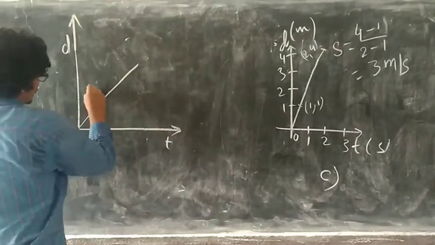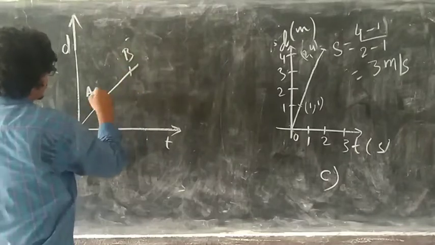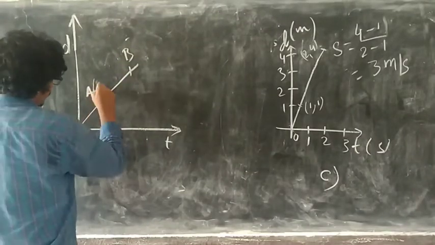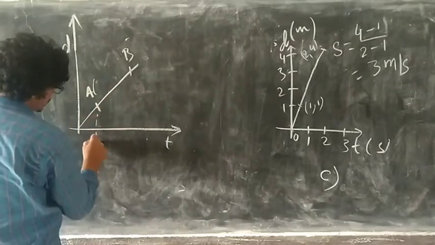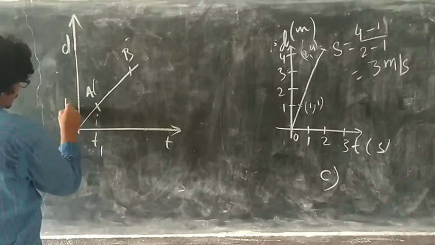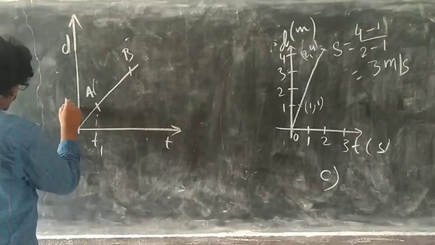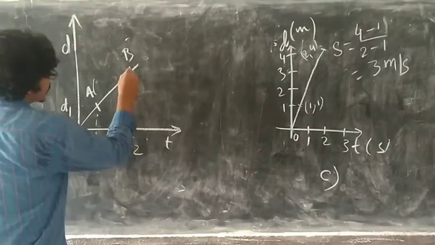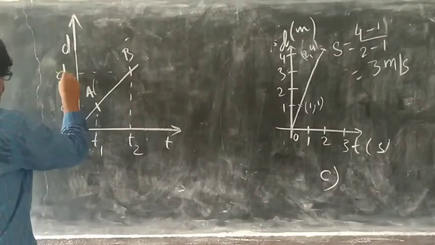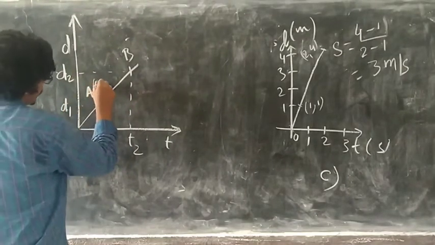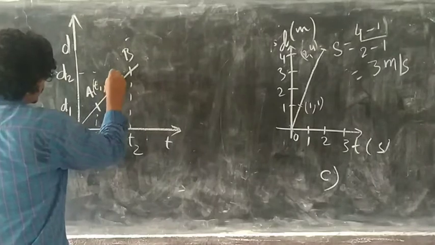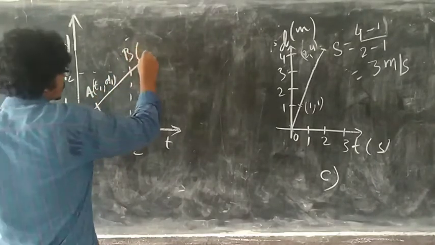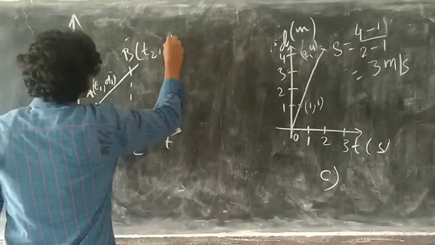If this is any point A and this is any point B, let us say this is T1, this is D1, this is T2, this is D2. So the coordinate of A is T1, D1. Remember we take X and Y. Similarly here T2, D2.